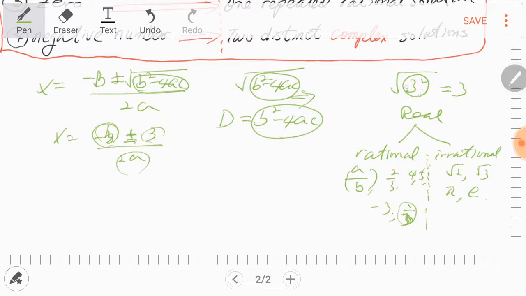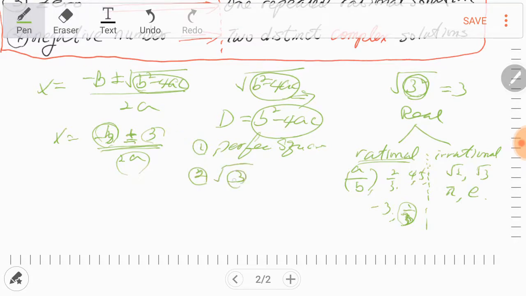So if a radicand, the discriminant, is a perfect square, then this becomes a rational number, right? Okay, the next one is when it's not a perfect square, something like d equals square root of 3.